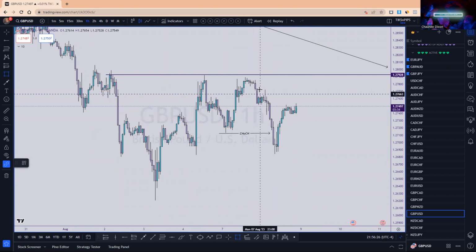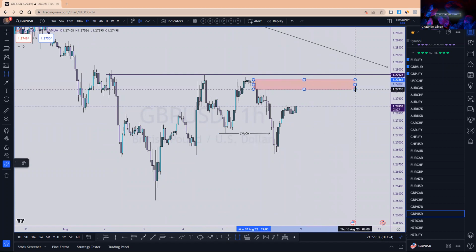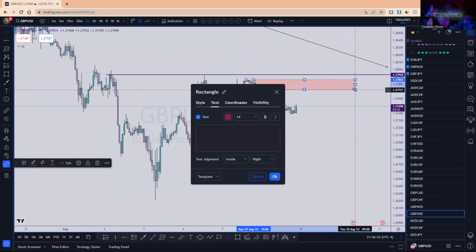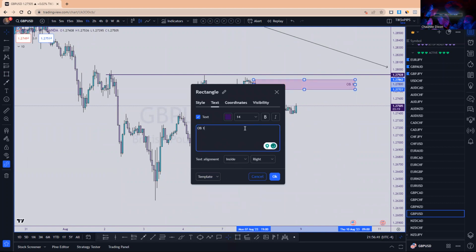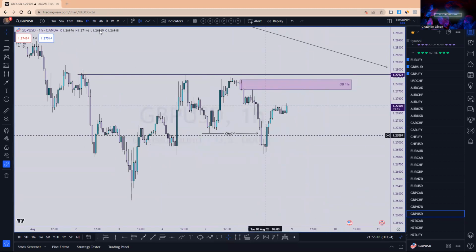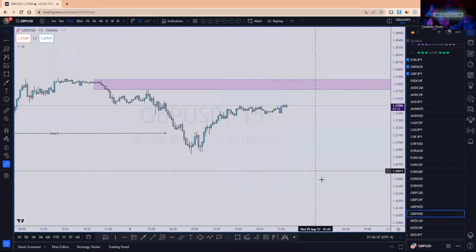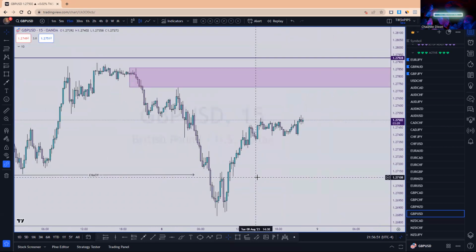Price already tapped into this fair value gap, but it did not invalidate the order block. So price may still push up to this order block. Okay. I'm going to go down to my 15-minute. There's not much to do yet for me on the 15-minute.